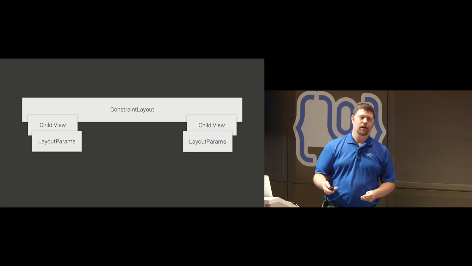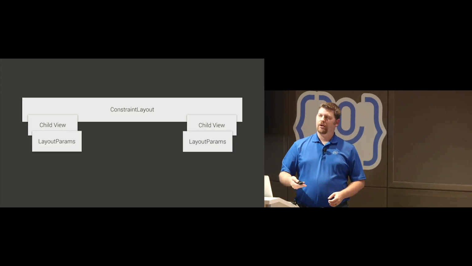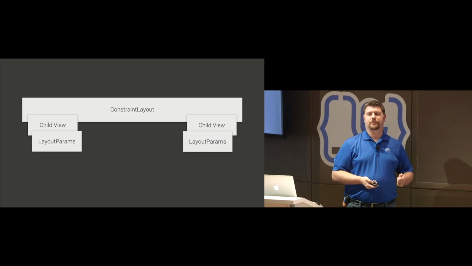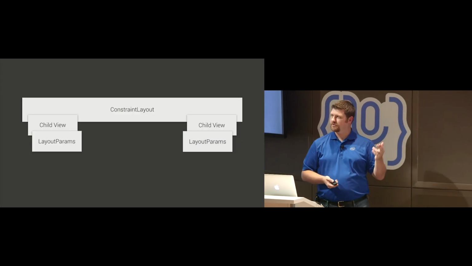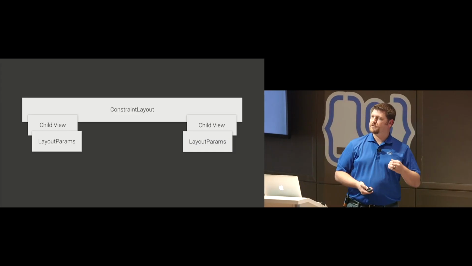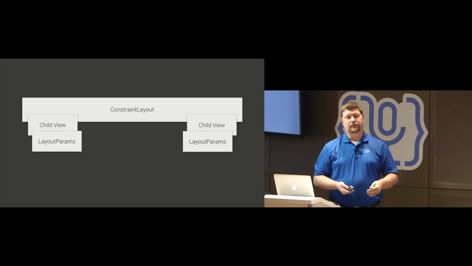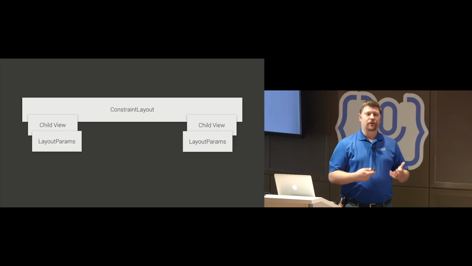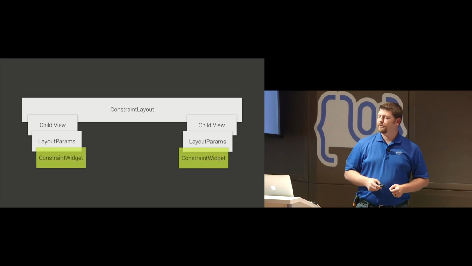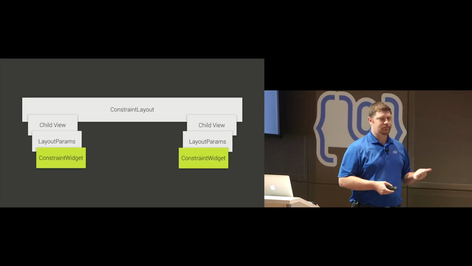As I mentioned before, all of those attributes from XML are going to be stuffed into the layout params for the particular view. So if you were to go look at these elements in the debugger or something like that, you would see all of those fields from the layout attributes that you would define on your constraint layout inside of your XML. Now, what they've added to this is that inside of the layout params, there's also this new object called a constraint widget.